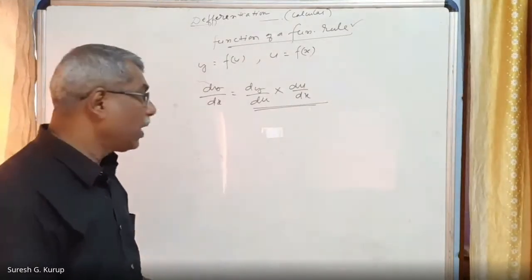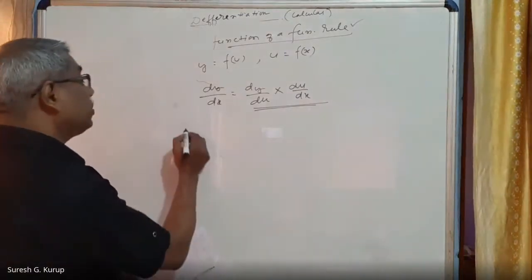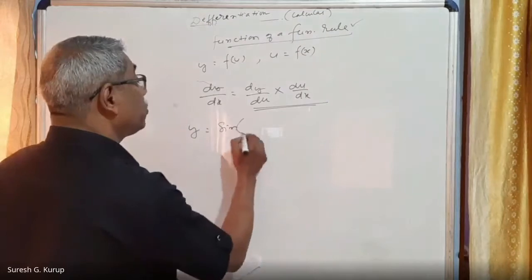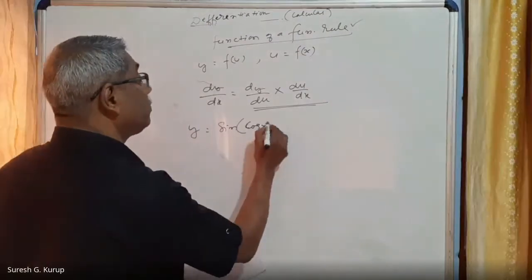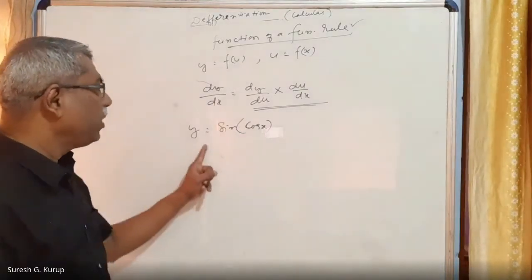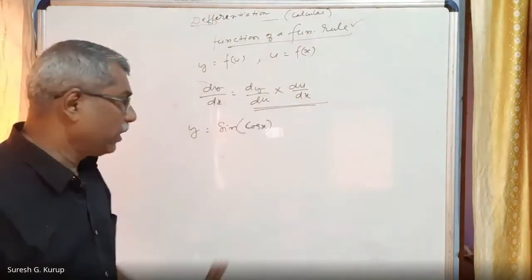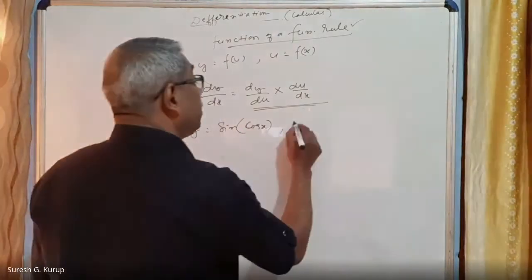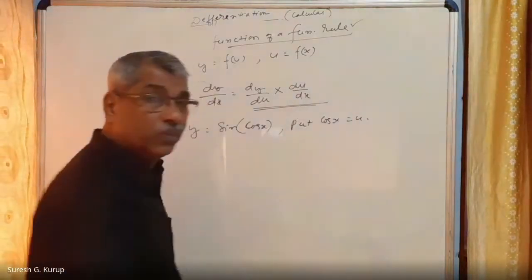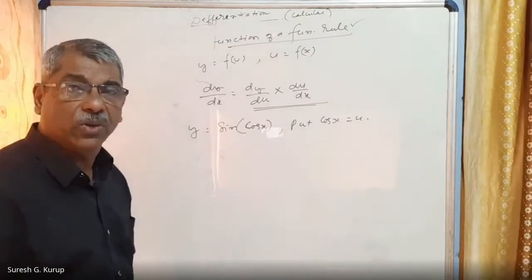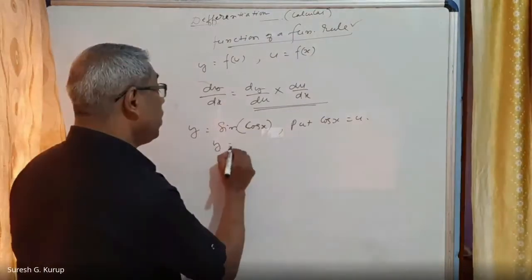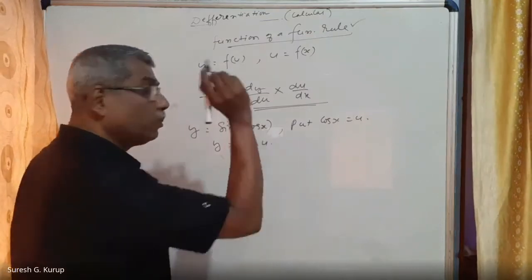Suppose that we have a function y is equal to sine of cos x. This is a function. Put cos x is equal to u. Then what does the function become? Now the function is y is equal to sine u.